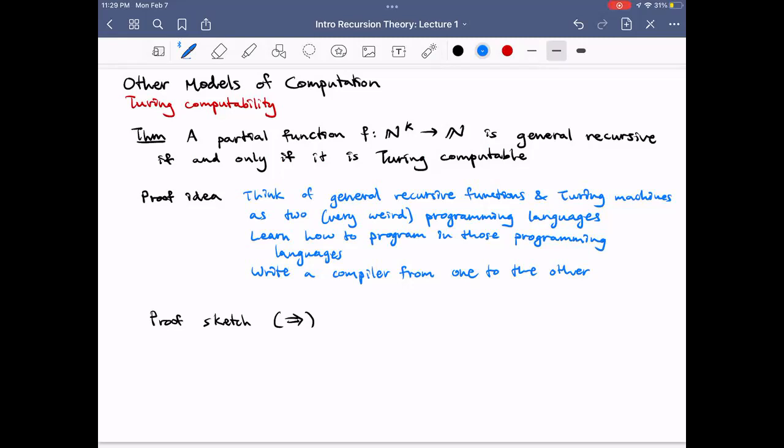So let me say in slightly more detail, what is the proof sketch of the forward direction of this? So if a function is general recursive, then it's Turing computable. Well, to prove this, we can show that the set of Turing computable functions contains the basic primitive recursive functions.